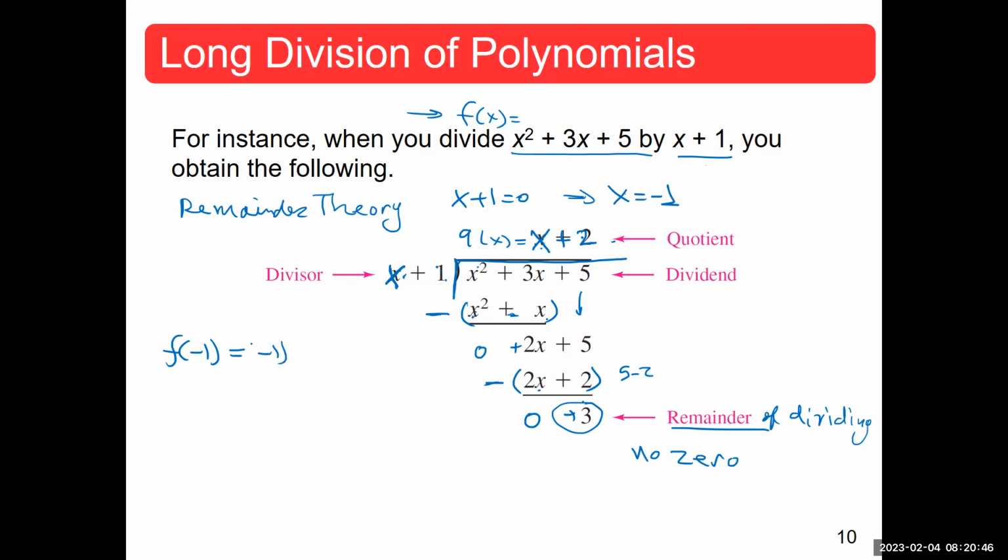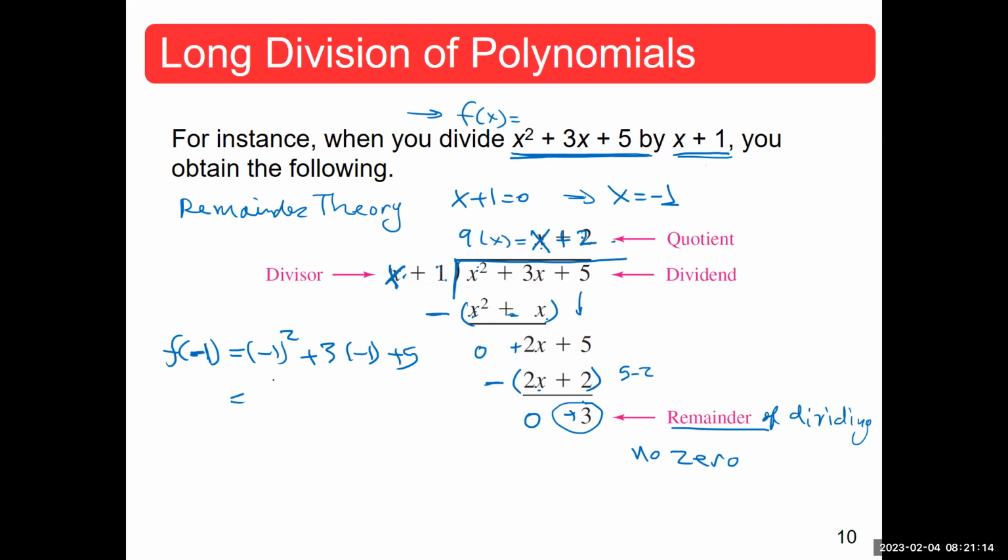You have negative 1 squared, I'm plugging in here, then plus 3 multiplied by negative 1 plus 5. Where does this negative 1 come from? Again, from the dividing term. We set it to 0. x plus 1 equals 0. We got negative 1.